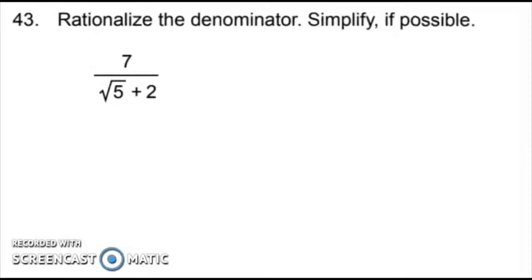Skipping to 43, it says rationalize the denominator and to simplify if possible. So we have 7 over radical 5 plus 2. Now, to rationalize it, we will be multiplying by the conjugate. The conjugate would be radical 5 minus 2, so multiply top and bottom by radical 5 minus 2.